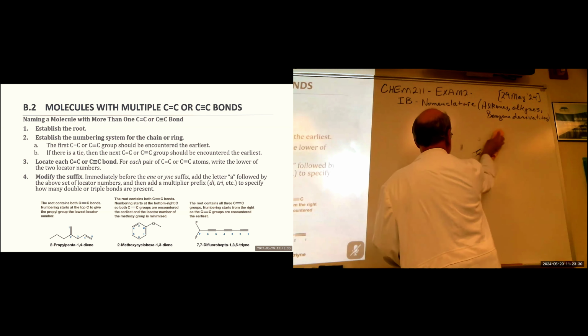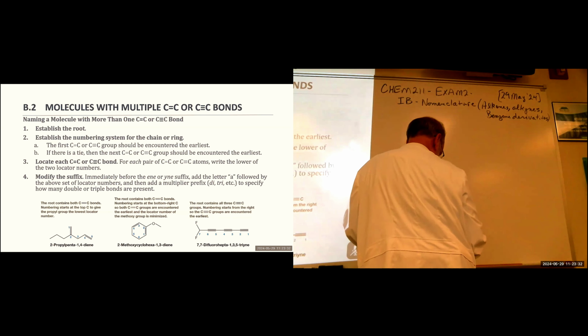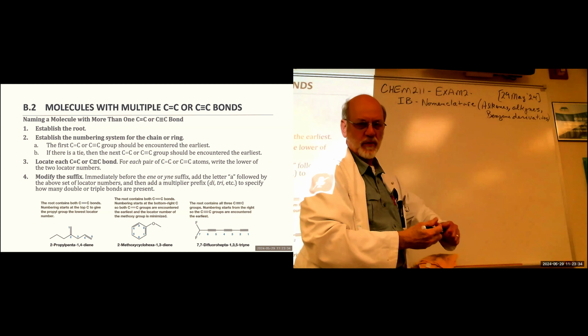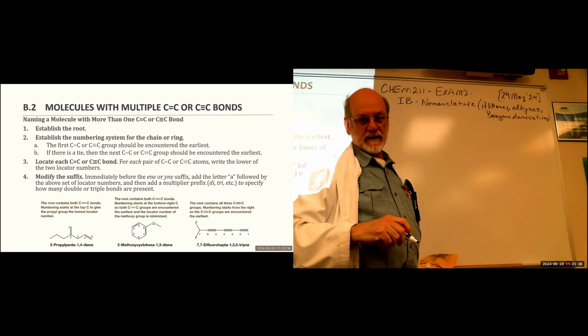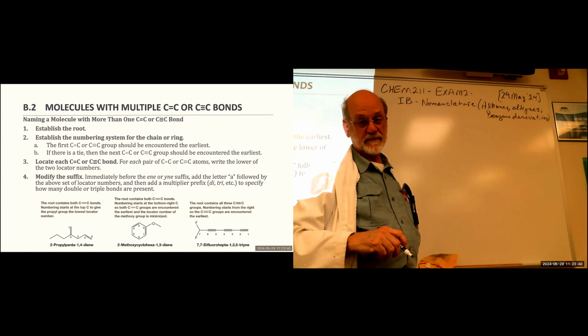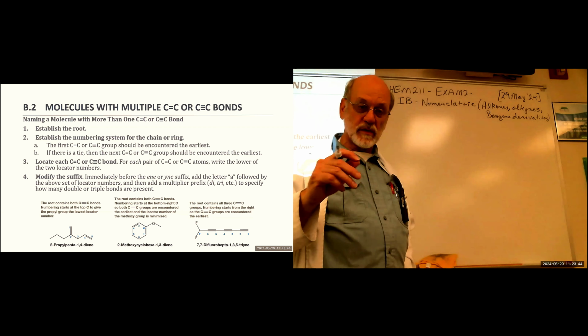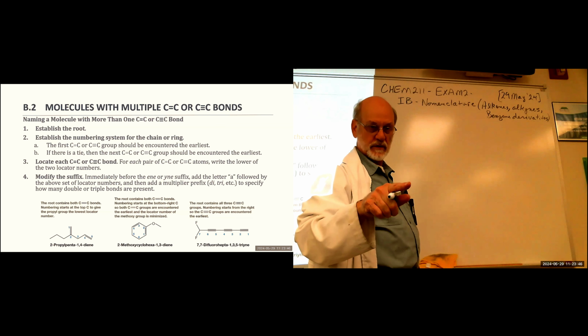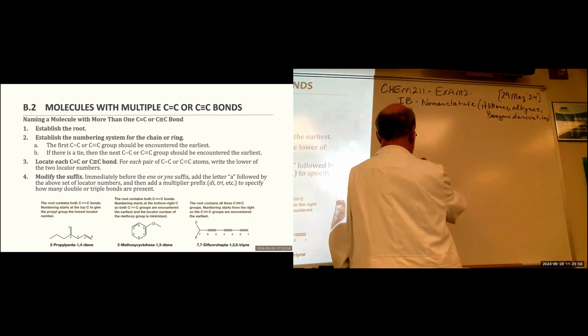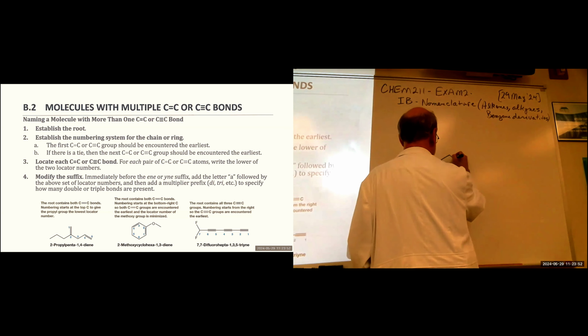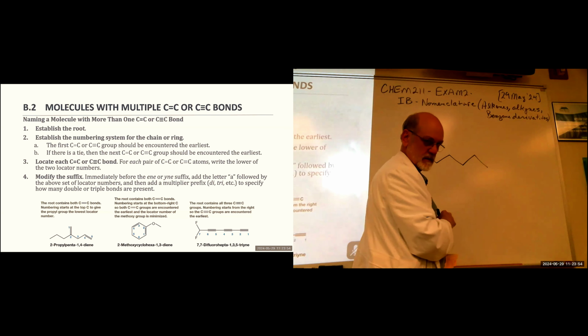I think the first one has 2 carbon-carbon double bonds incorporated. So in that case, 1, 2, 3, 4, 5, seven.